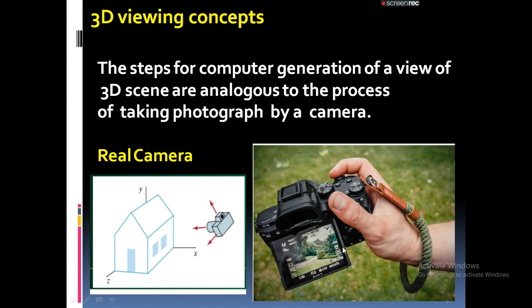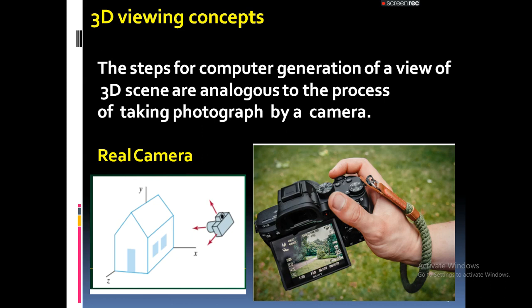Whatever process we use to capture an image with a real camera, the same concept we use in the synthetic camera in OpenGL to display the captured image on the screen of the monitor. Capturing an image means we need to perform modeling, that is, create the image. Once the image has been created, we display it on the screen of the monitor in the case of the synthetic camera, or OpenGL.